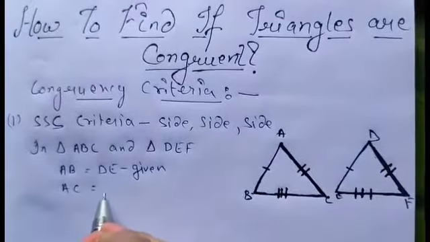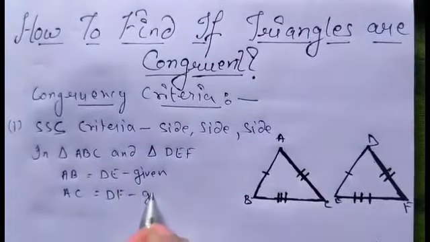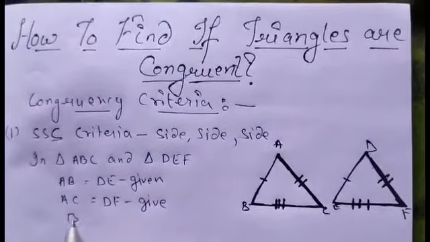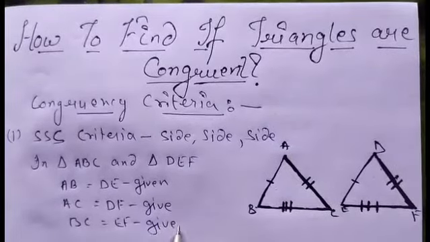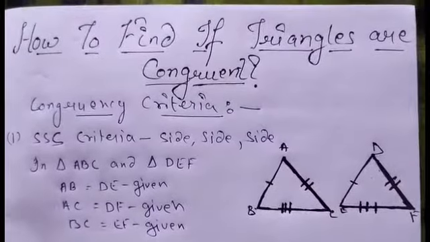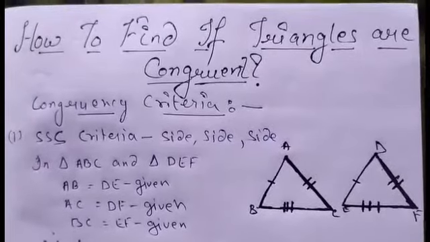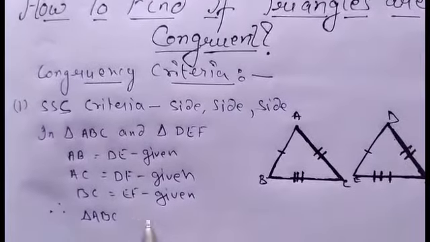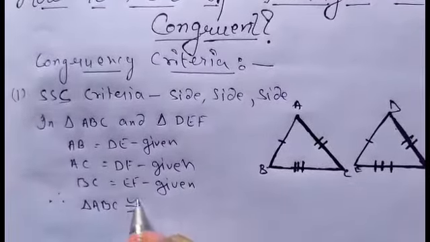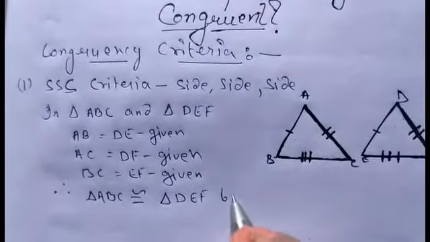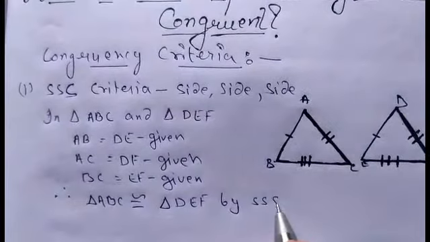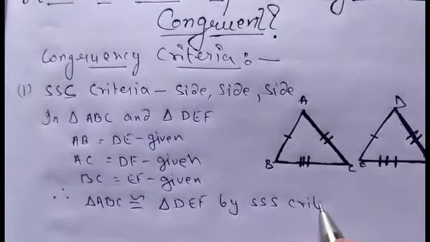AC is equal to DF, given. BC is equal to EF, given. Therefore, triangle ABC is congruent to triangle DEF by SSS criteria.